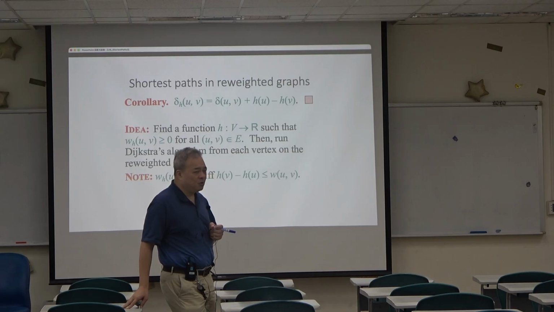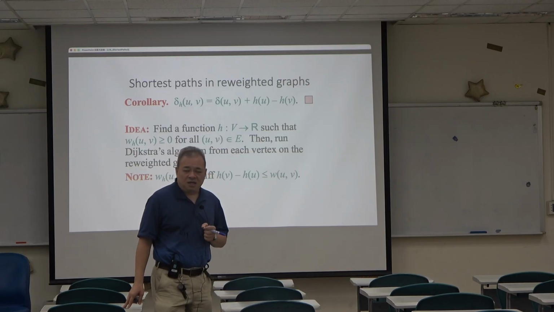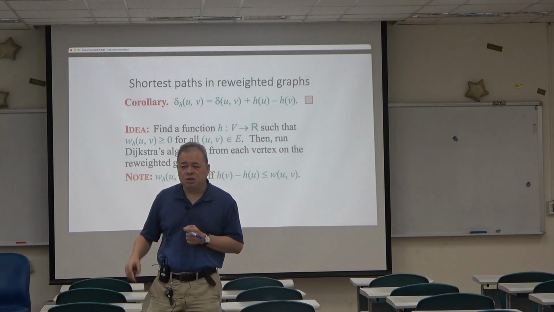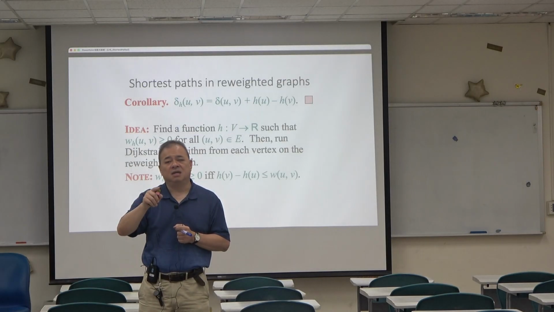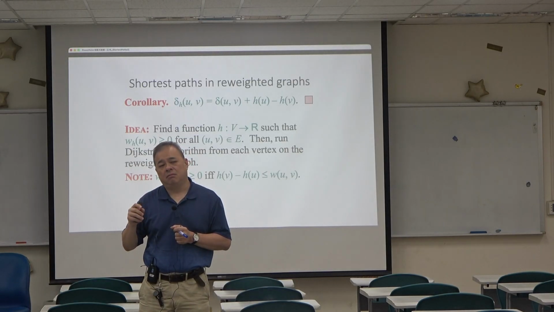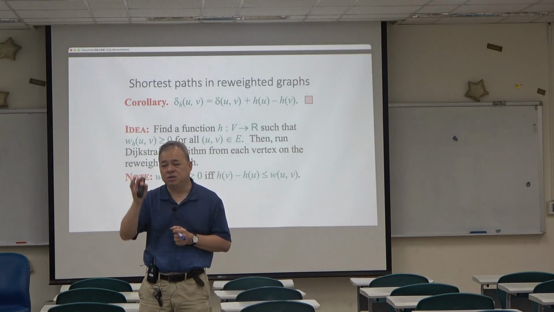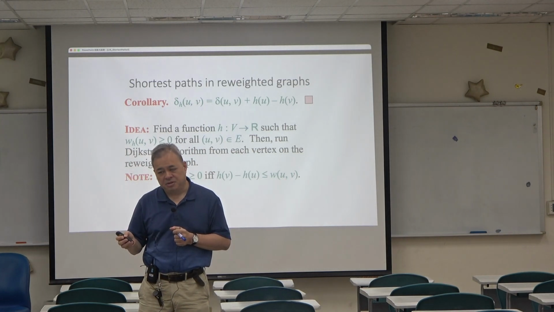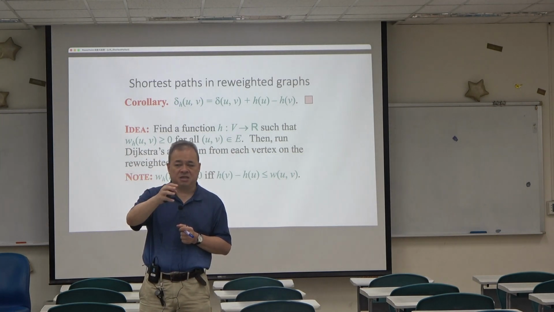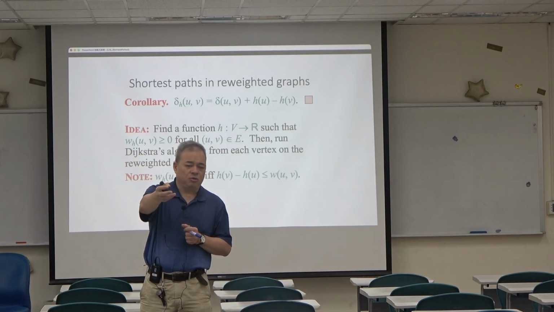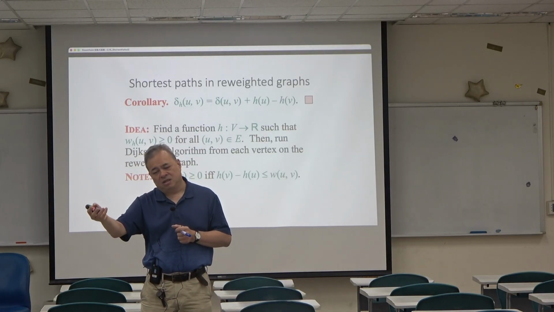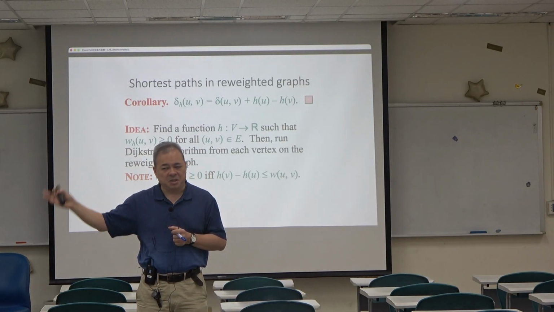In there, each node represents a variable, and you have a certain node minus another node smaller than or equal to a value.